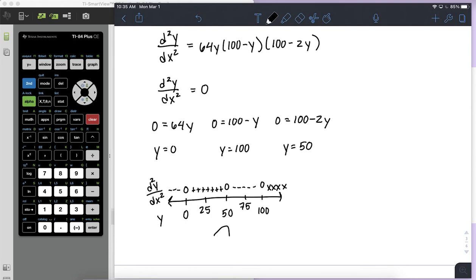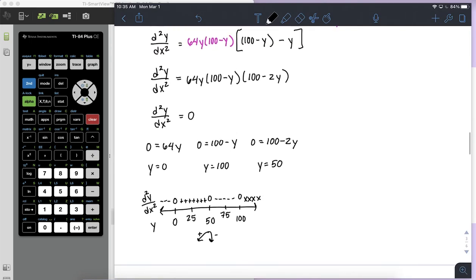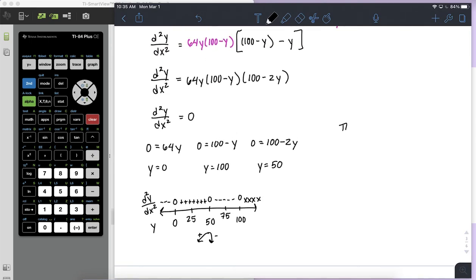So that means I have a maximum happening at y equaling 50. So the quantity y is growing the fastest when y equals 50.